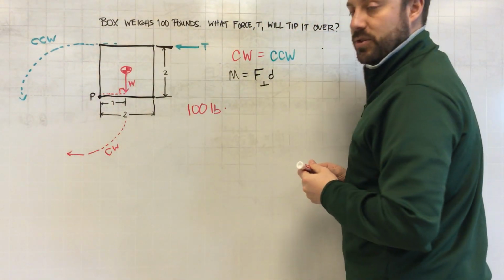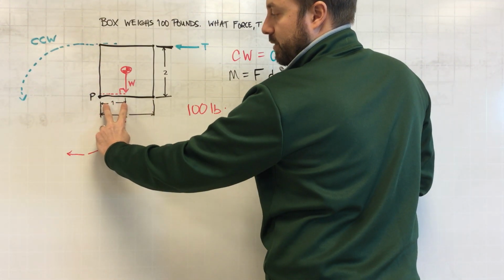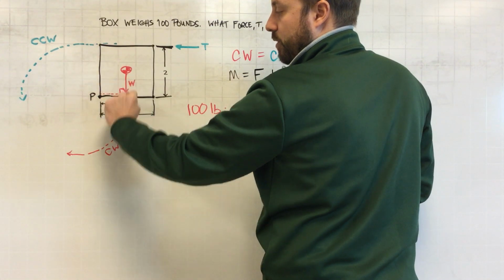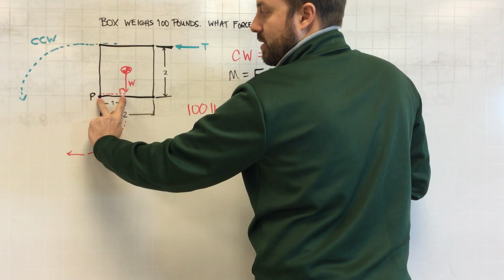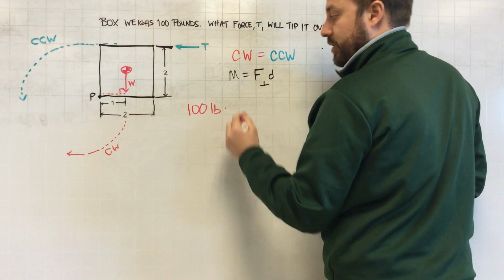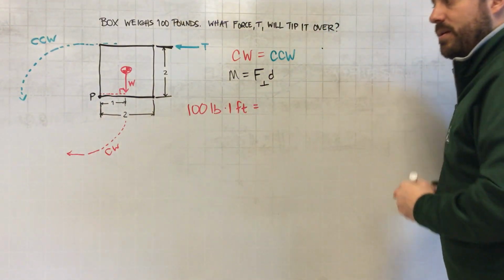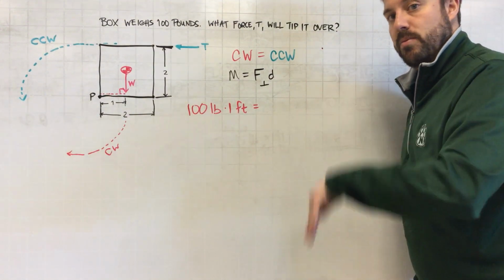I'm drawing it just above so you can see the red, okay? But I have a distance of 1 foot in this case. A 100-pound force, 90-degree angle distance would be 1 foot to the perpendicular, or to the point of rotation. So I'm going to take 100 times 1, and that will give me then the clockwise moment.